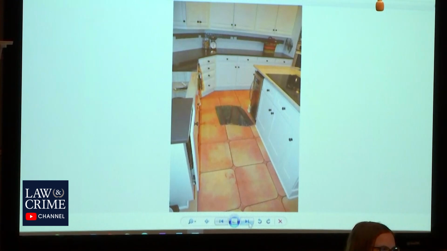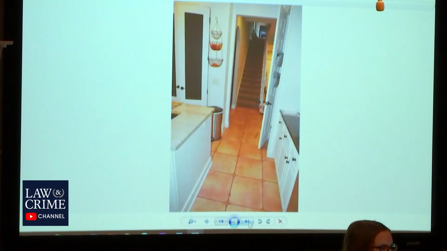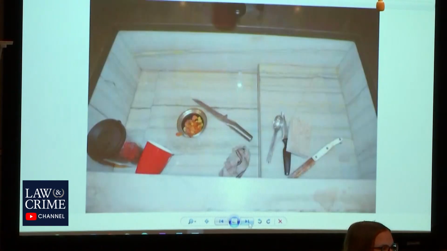Continue your documentation of the kitchen at 3147. Yes. We're looking back the other direction in photograph 3149. And what do we see here that caused you to take some photographs?